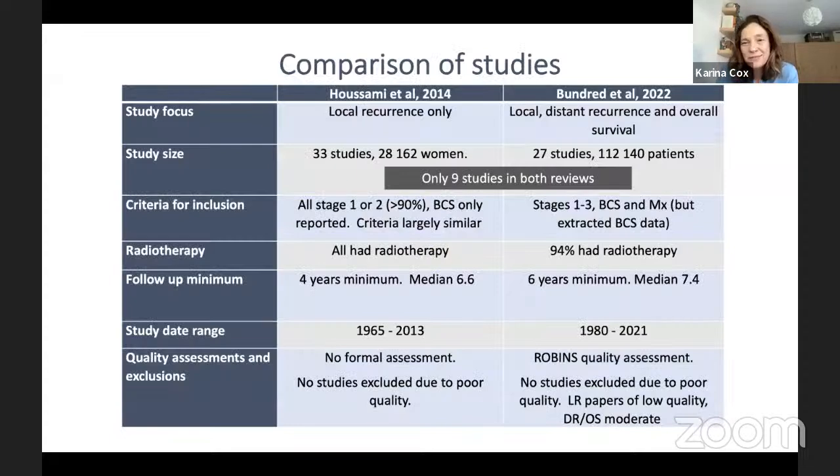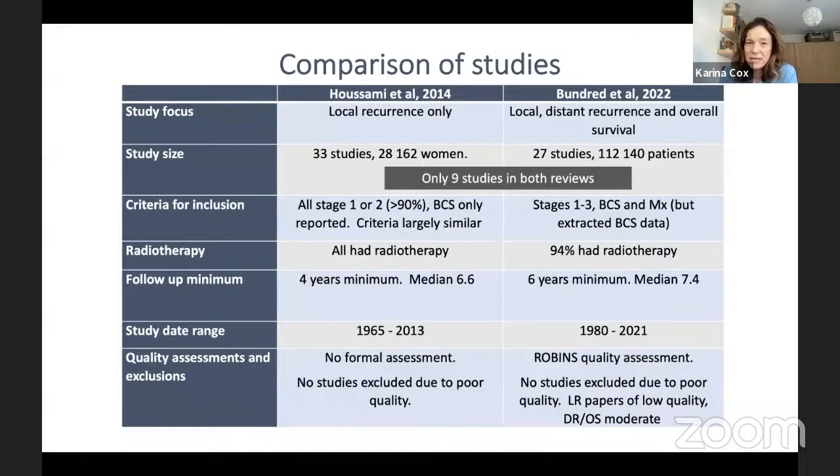So the comparison of these two studies. Husseini really looked at local recurrence, and Bundred looked at local and distant recurrence and overall survival. Similar numbers of studies in both meta-analyses, but only 9 studies in both reviews.